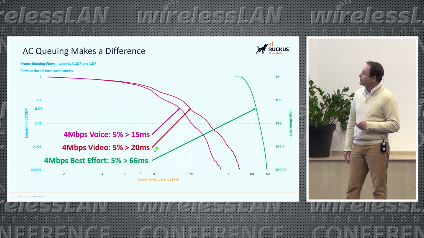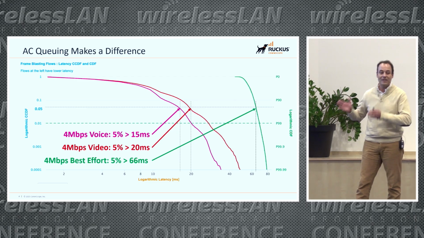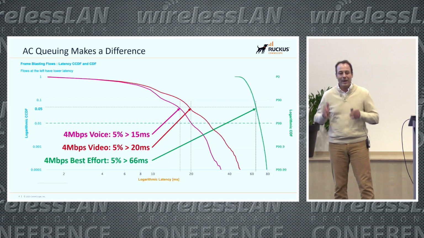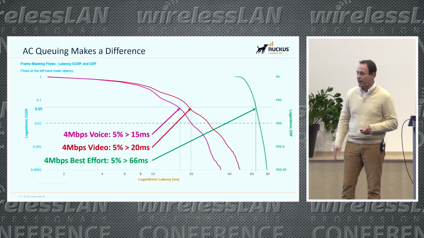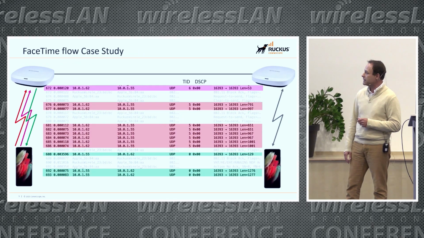If we look at, for example, 5%, we can afford to lose 5% of packets, then the latency of voice is 15 milliseconds. For video, 20 milliseconds. For best effort, 66 milliseconds. So we have demonstrated with this experiment that queuing makes a big difference. The latency of voice and video is much lower than best effort.